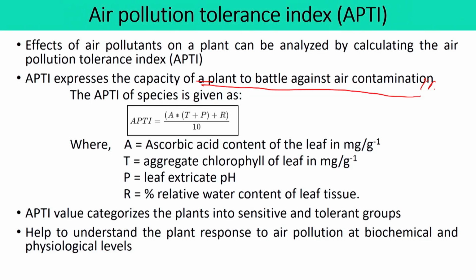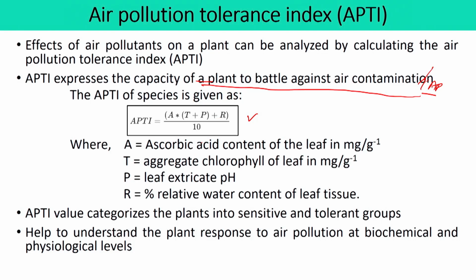It is a very simple equation: APTI is given by A into T plus P plus R. Just remember that the multiplication is between T and P. First you add T and P, then multiply by A, and then you use R.